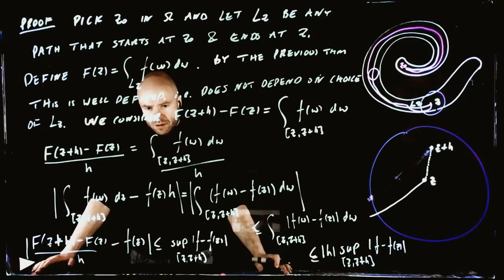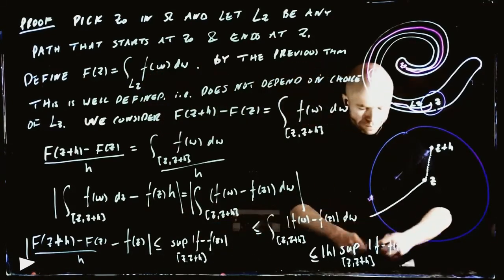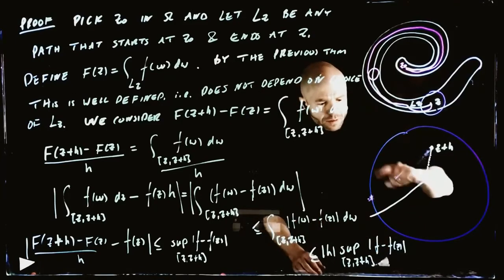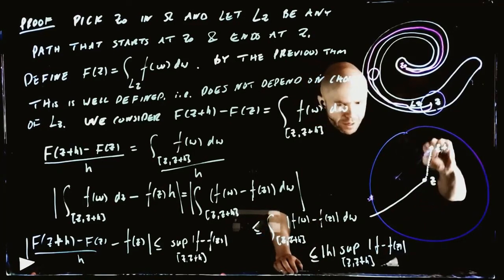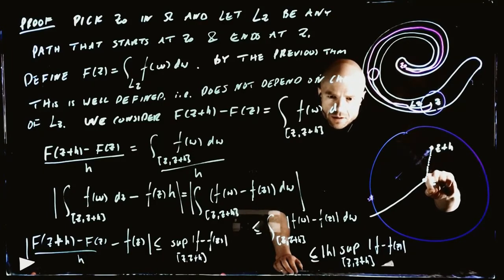Everybody with me? And that's the same thing we did before, right? So this part of the argument is the same thing after we've reduced it down to going up this straight line segment by using Cauchy's theorem on a triangle, right?